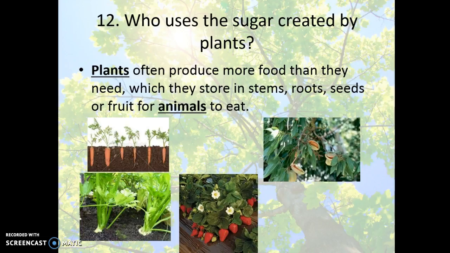They store it in seeds like almonds, or fruit, like zucchini or apples or oranges or tomatoes, for animals to eat. So here are some examples of storage in the roots, storage in the stems, some fruits, some nuts. So the plant oftentimes produces more, and then that gives animals the ability to eat it.